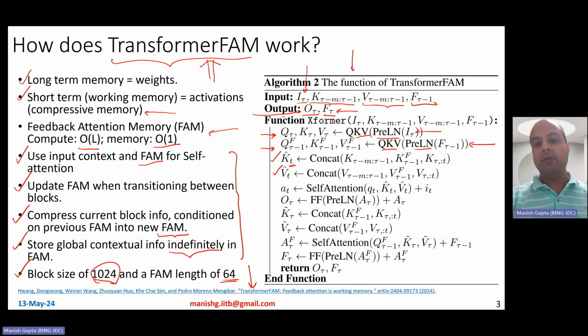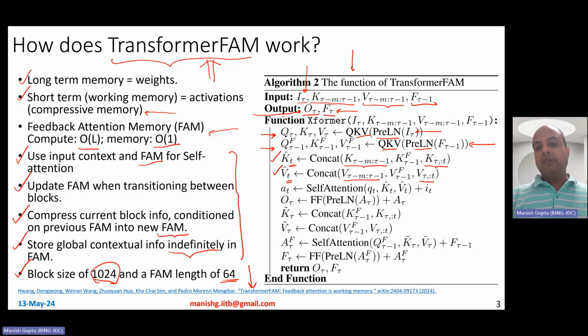Remember, for the current block, the keys and the values are computed by concatenating not just the keys for the past M blocks and the keys in the tauth block up to time point t, but also leveraging these FAM keys, right? Similarly, for the value computation, you not just use the past M blocks and the current block so far, but also the FAM values. Okay.